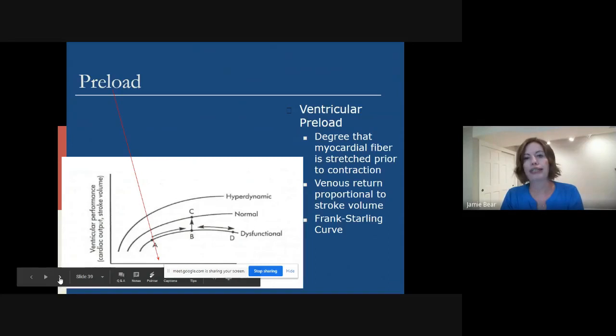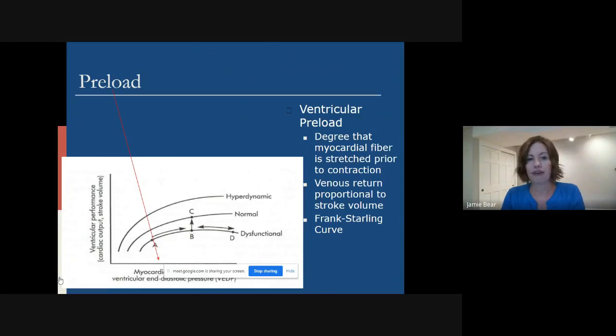So preload is the degree that the myocardial fiber is stretched prior to contraction. We can think about that as our venous return, or the amount of blood that gets returned to our right atrium. And I have this rubber band here.